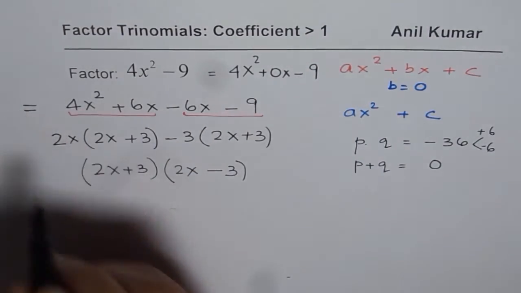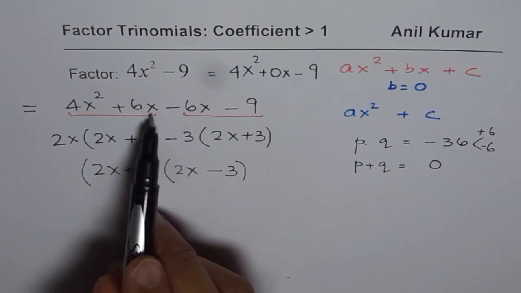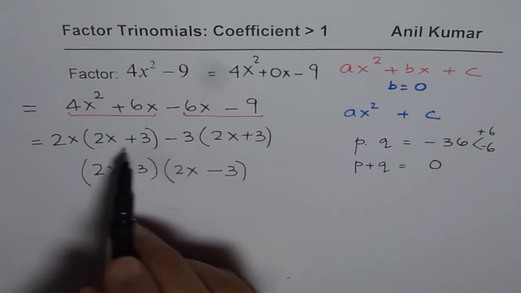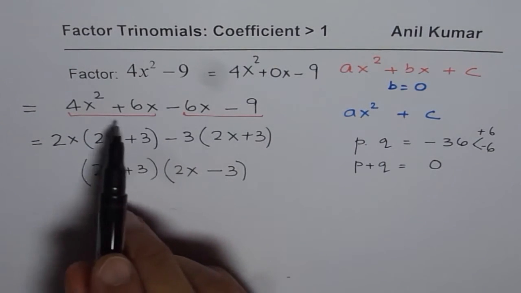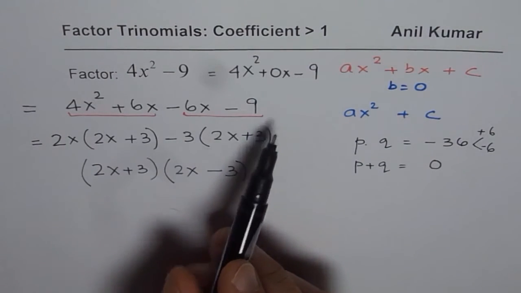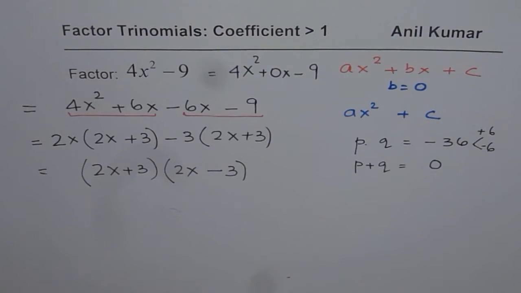Do you see that? So that 0 was replaced by 6x minus 6x, and then we followed the technique learned, factoring common terms from the first two and last two. Then that is group factoring, and then we factor to get our answer. Correct? So that is how you could factor such binomials, which you are now learning under the topic of trinomials.